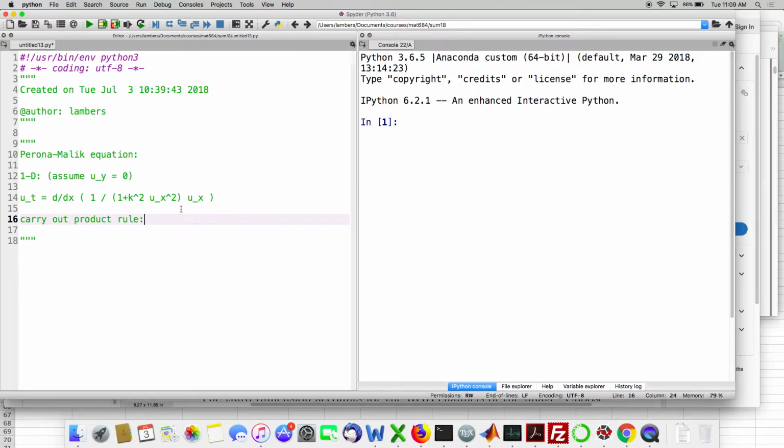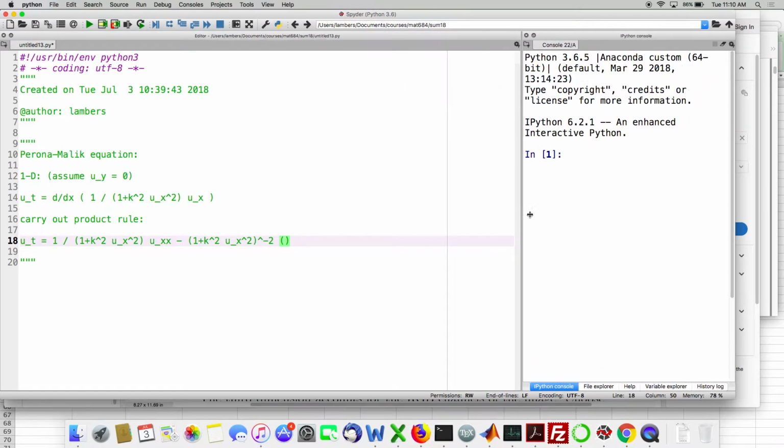So if we actually carry this out, then I have the coefficient times uxx plus the derivative of a coefficient times ux. So that's going to be minus 1 plus k squared ux squared to the minus 2 times the derivative of what's inside.